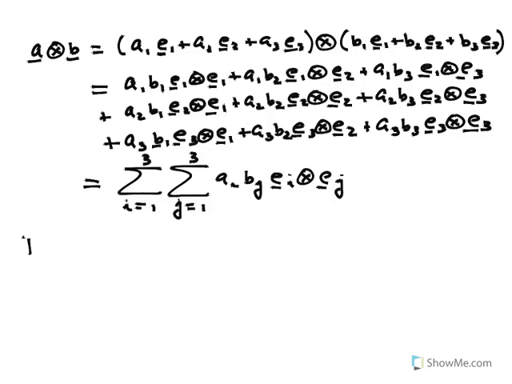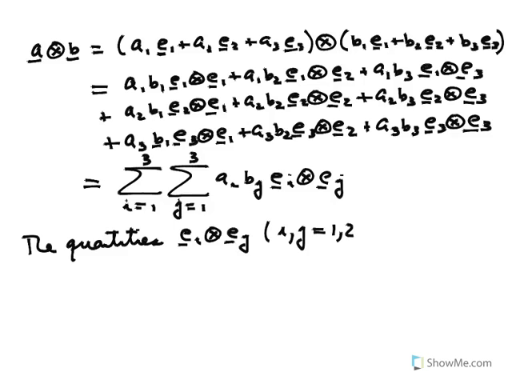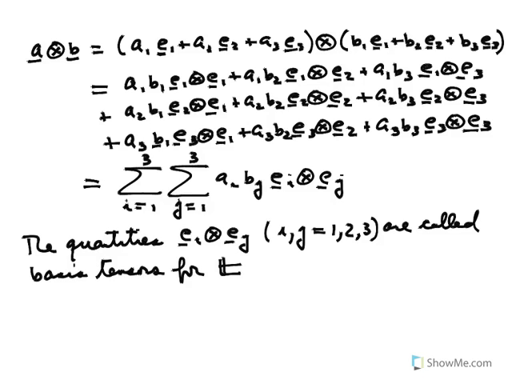So the quantities EI circle cross EJ, where I and J go from 1 to 3, are called basis tensors for 3 by 3 Euclidean space.